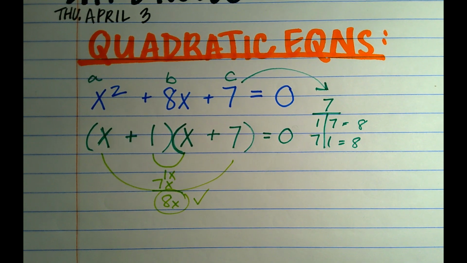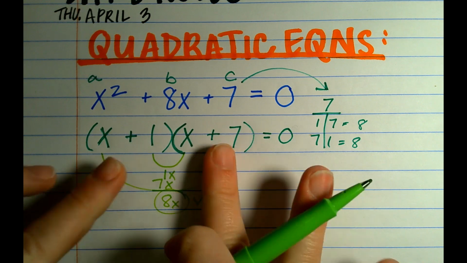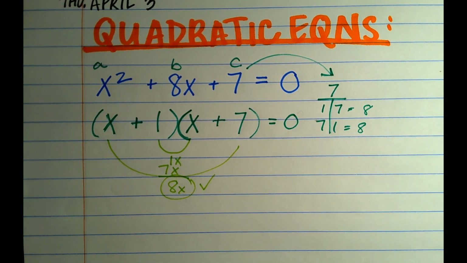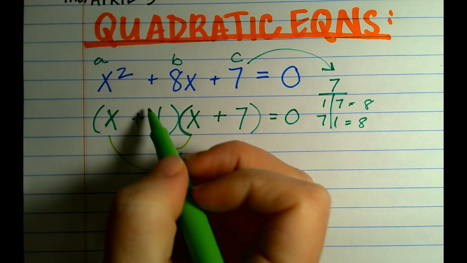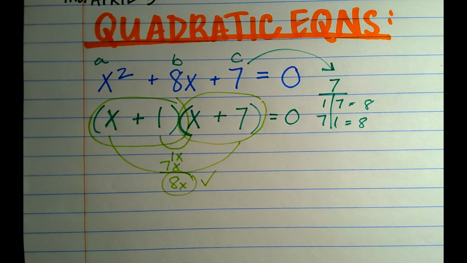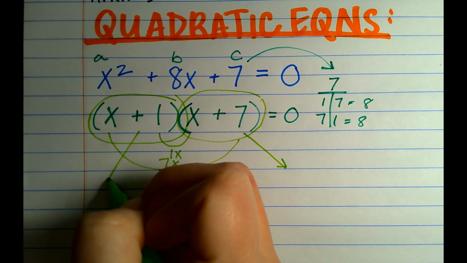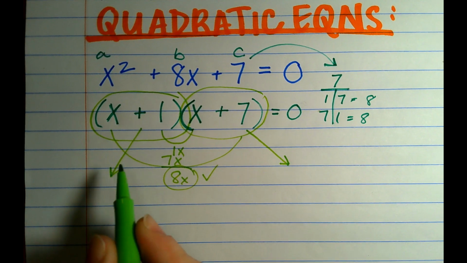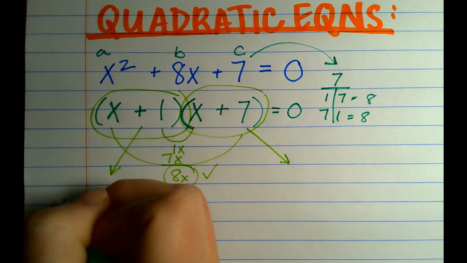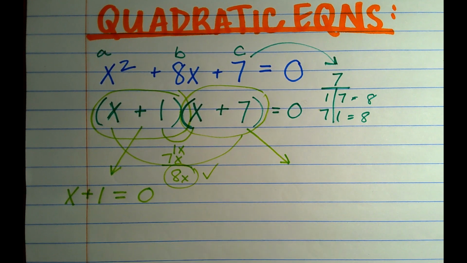And then what did we do yesterday to find the value of x? We brought it down to make it equal to 0. Yes, I'm going to take each factor, x plus 1 and x plus 7, and I need to pull them out and create two equations. The first one will be x plus 1 equals 0.